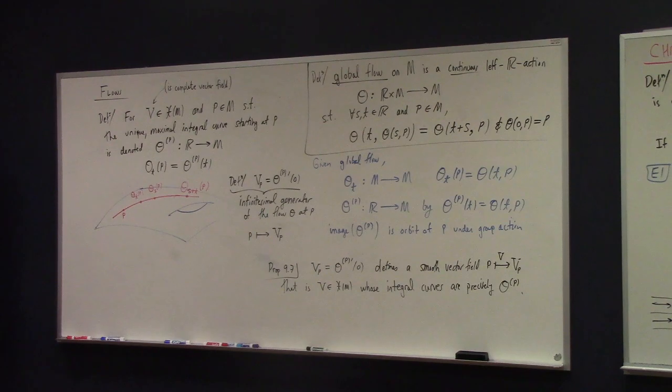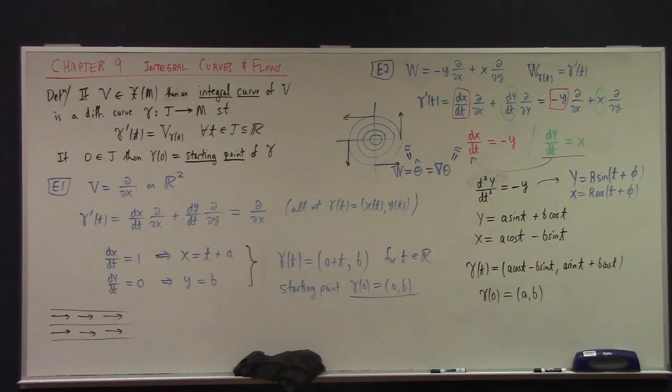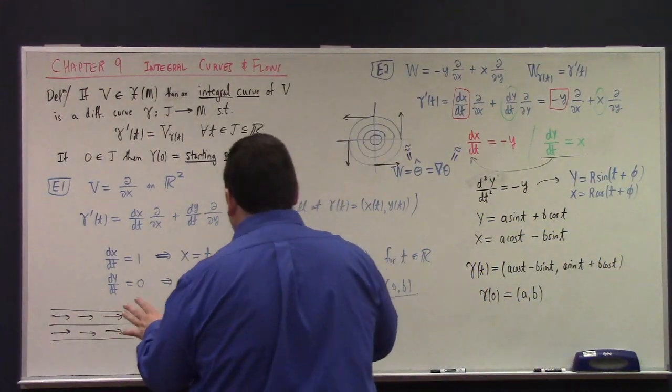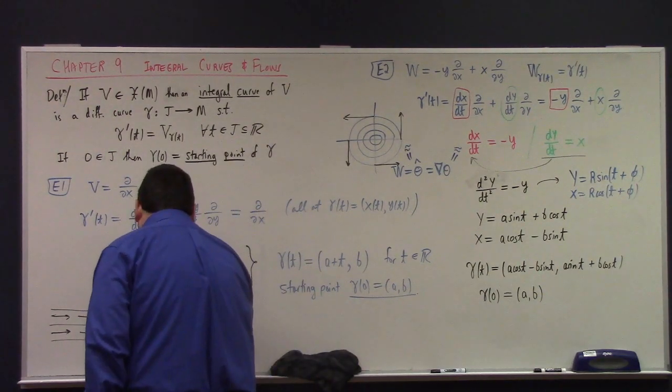We can define a global flow on R2 for which V and W are respectively the infinitesimal generating vector fields. So like example 1, what's the flow? What would you say here? The flow would be what?